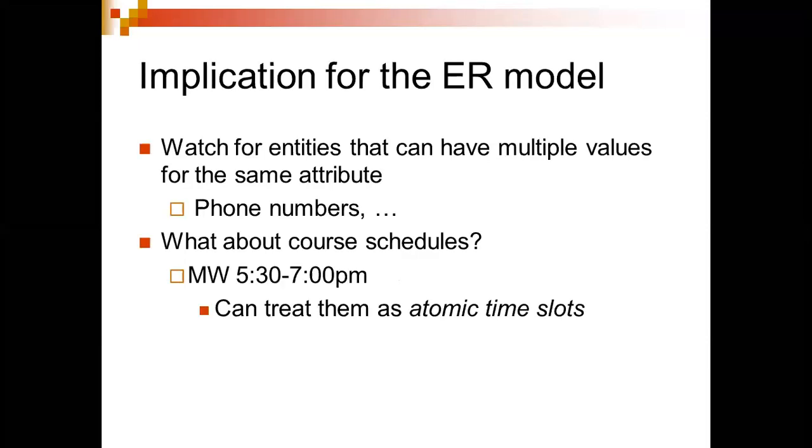We have another example also, like phone numbers, or the schedule time. You should be very cautious. Though the person has multiple values, entities can have multiple values for the same attribute. So if you have the same attribute with multiple values, it should be saved separately.